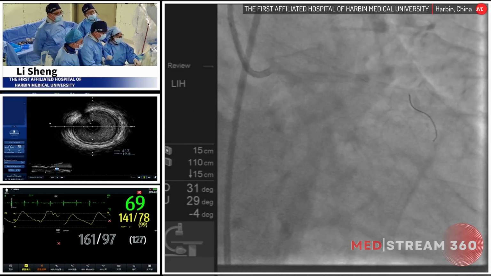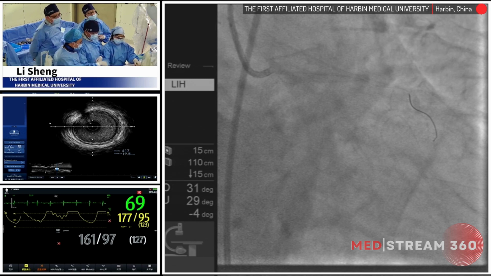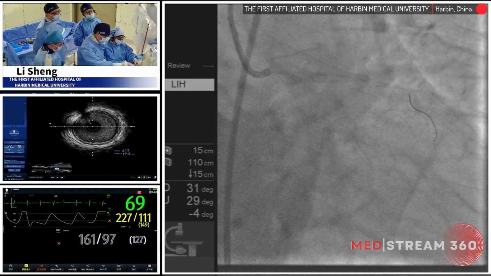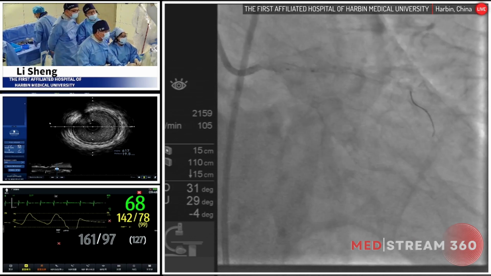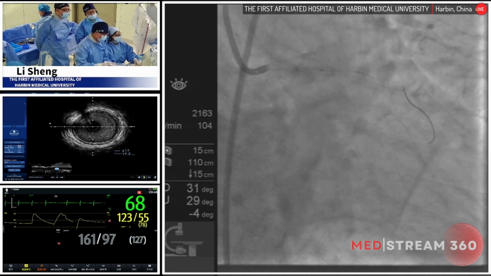In our team, we do not always do the KBI. We all know that previous studies have told us routine KBI after the main branch stenting could not give the patient more benefit.